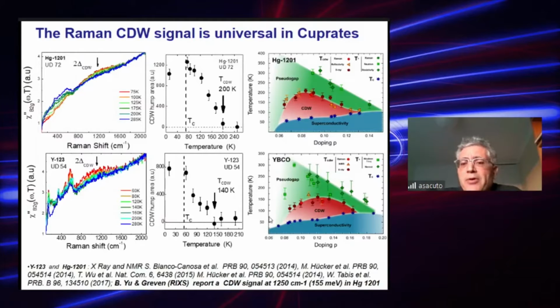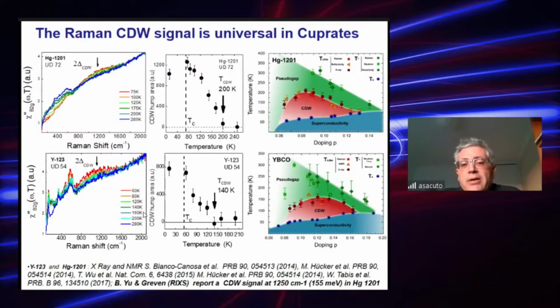These are the two spots here, and they also fit pretty well with the transition temperature of the charge density wave from both NMR and X-ray diffraction, which makes us confident that the nature of the hump that we find in Raman spectroscopy is the charge density wave signal.